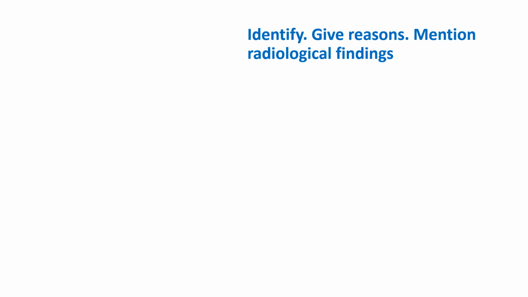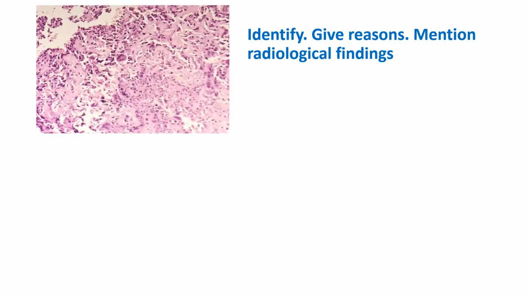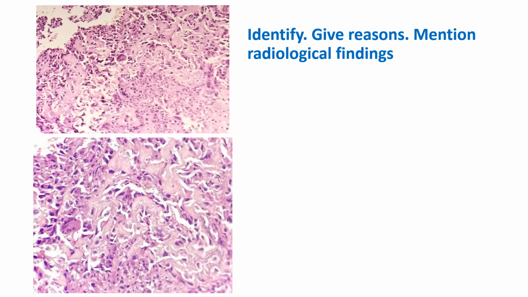Next, identify, give reasons and mention radiological findings. This is the low power image and this is the high power image of the same. Now what you see here are spindle shaped, hyperchromatic cells, and in between you see the stroma showing deposition of pink hyaline homogeneous material.